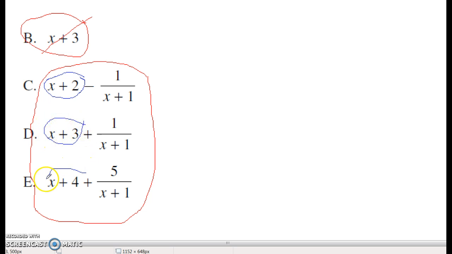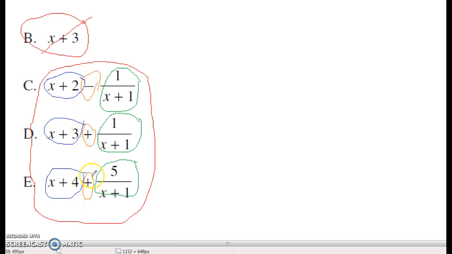They all have a whole number right there, even though we don't really know what that number is. And they all have a fraction. These are fractions. And in the middle, they all have an addition or subtraction function, okay? So I'm going to have to work from the answers to figure this out.